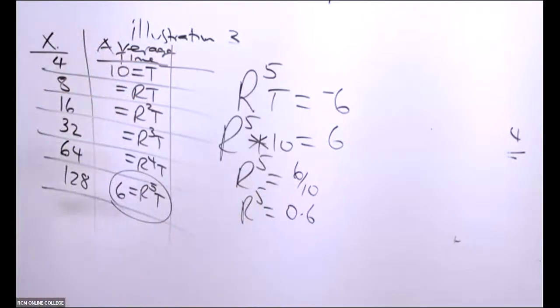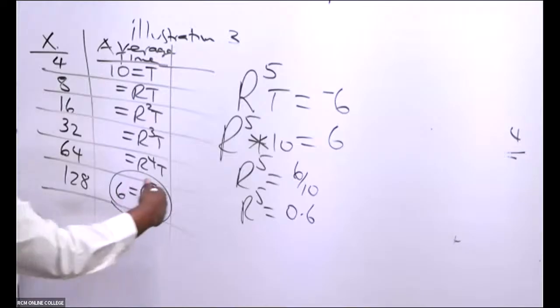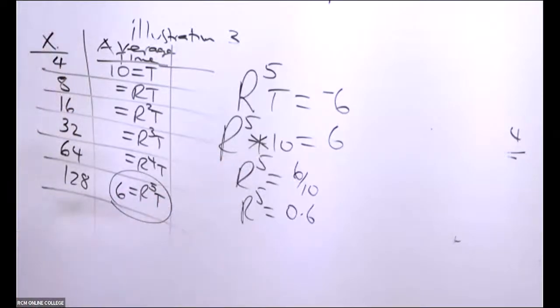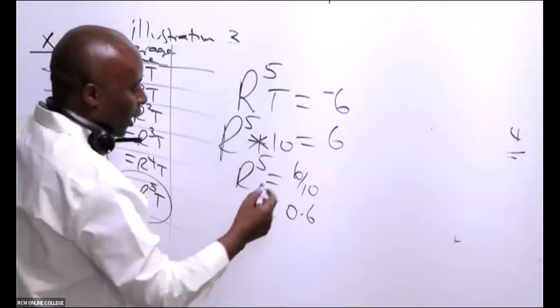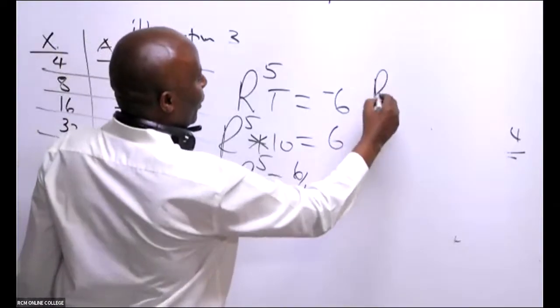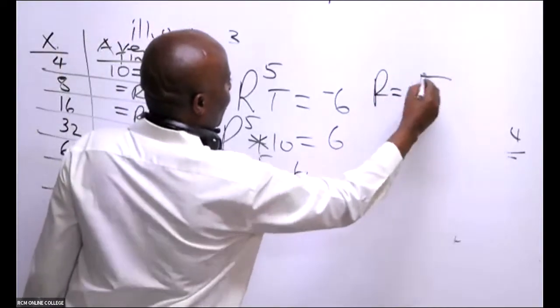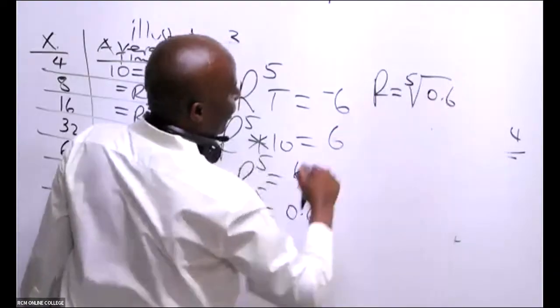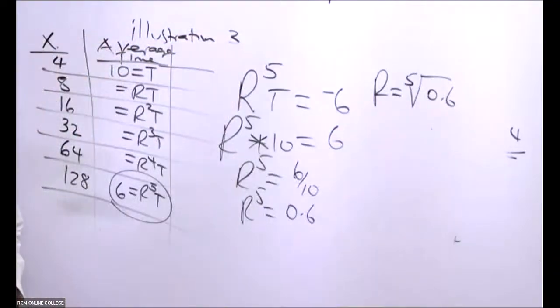Sasa hapa utapata kaninja, kanakwambia mwalimu divide by 5 both sides, amemaliza maneno. Divide by, we get fifth root, isn't it? So R will be equal to the fifth root of 0.6. Now you can see it's not 91. You can see it is 90.